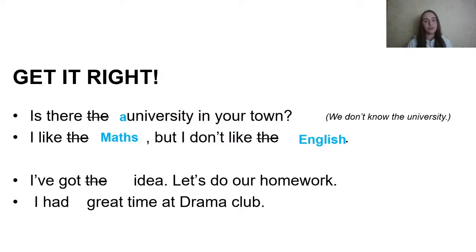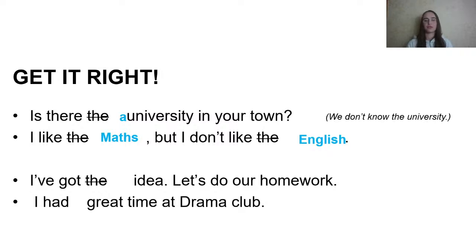Is there any university in your town? In this case, pay attention that "a" may be substituted with the words "one" or "any", right? We do not really know the university. That is why: is there just one university in your town?